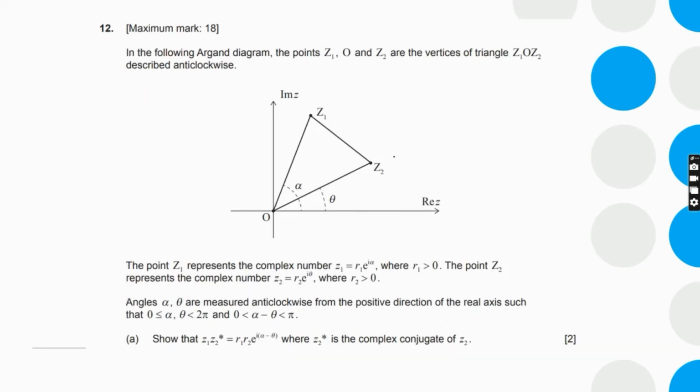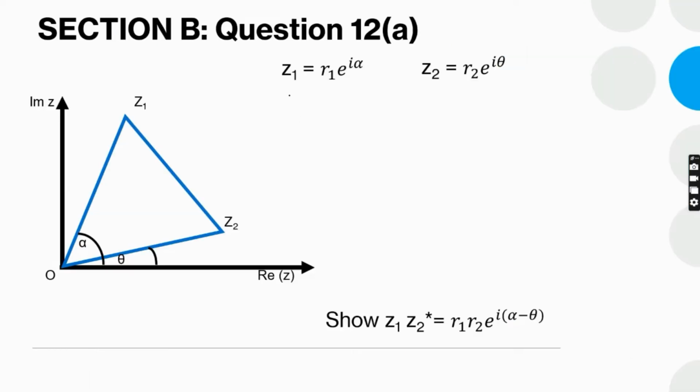In this complex number question, students are given the 2 points z1 and z2, and they are required to multiply z1 with the conjugate of z2. So what is the conjugate of z2? The conjugate of z2 is just a geometrical transformation, which is a reflection of z2 in the real axis.